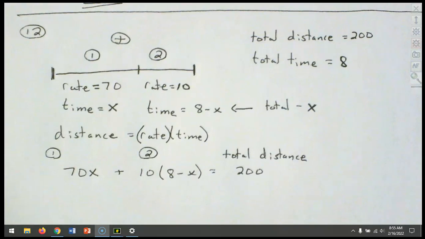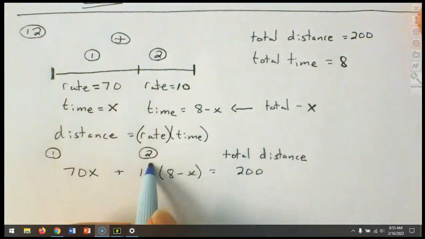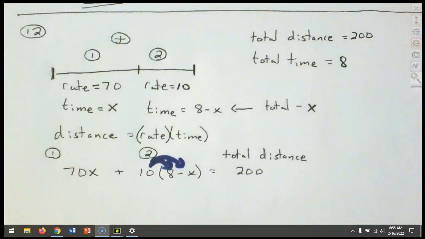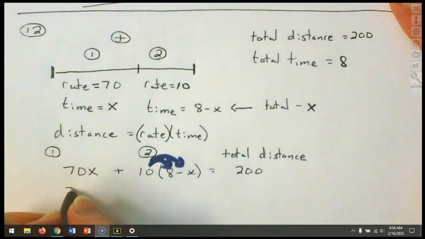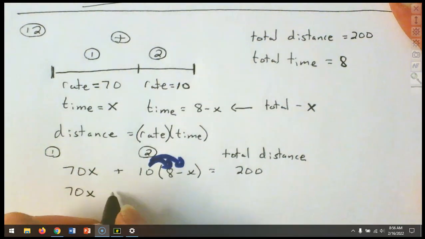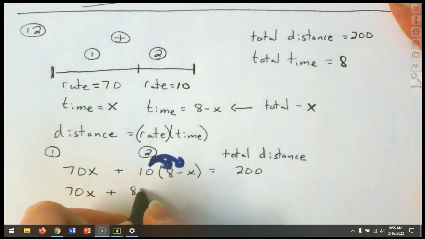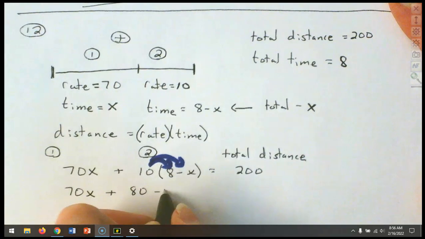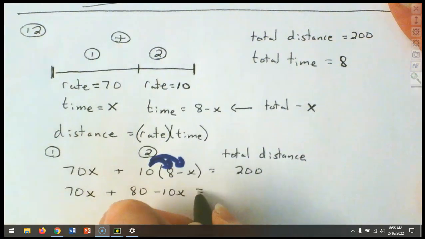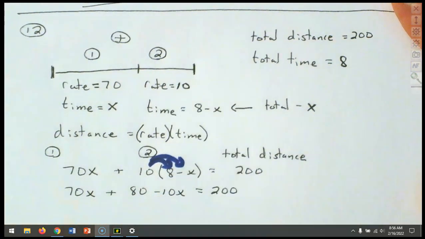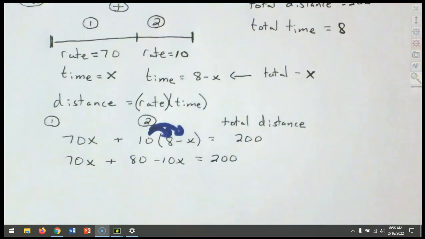Now we're going to go ahead and solve this out, and I'm going to work through this one because what we find for x is not going to be our complete answer. So I'm going to go ahead and work this one out. And that's 70 distributing through plus 80 minus 10x equals that 200. Okay, good. Okay, combine everything together.